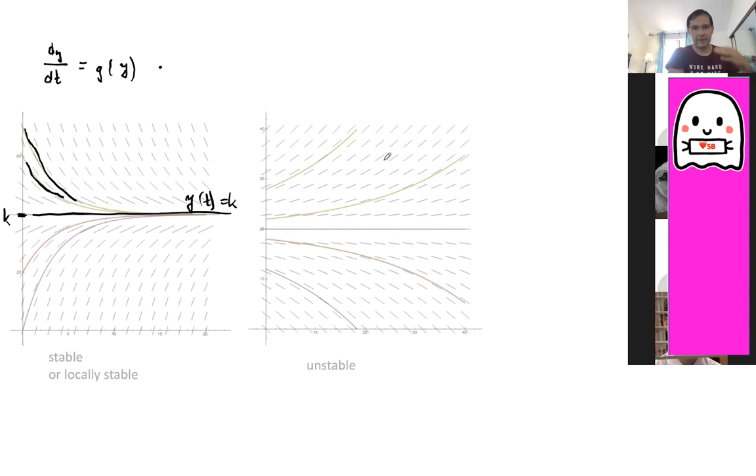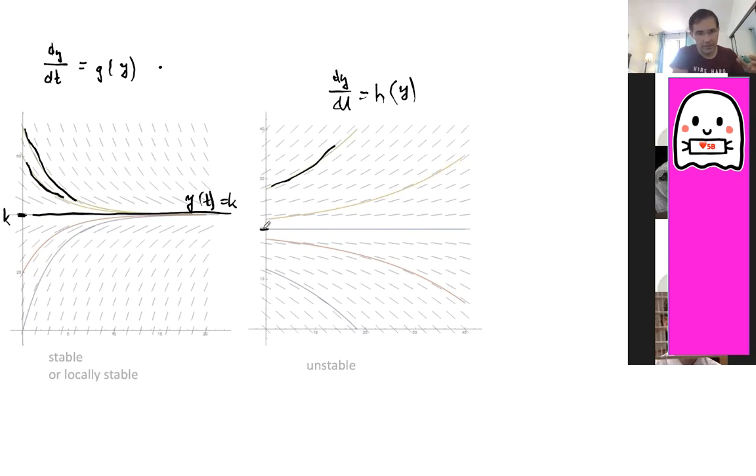On the other hand, let's suppose that we have maybe a different differential equation, maybe dy/dt equals some function h of y. And let's say that we're given a few solutions. Maybe this is one solution to this differential equation. Here's another one, here's another one, another one.